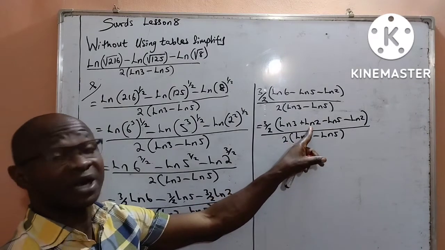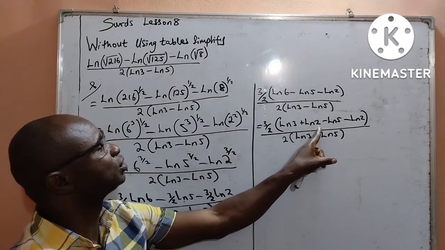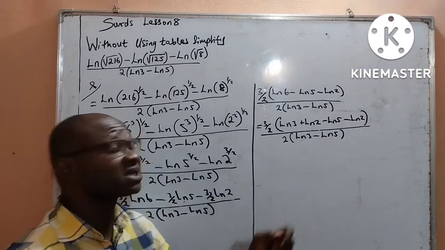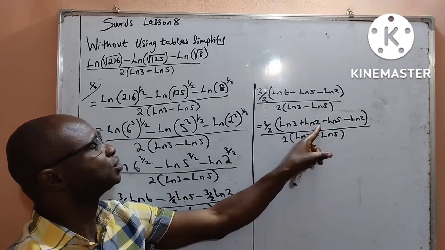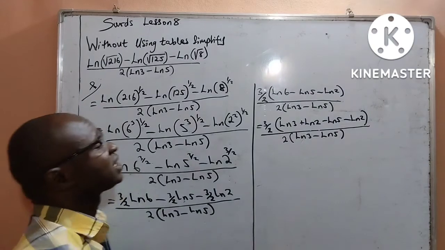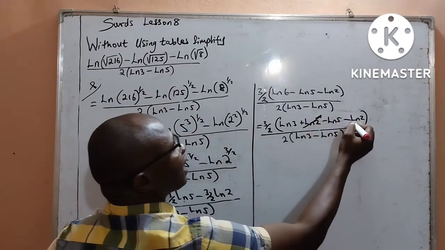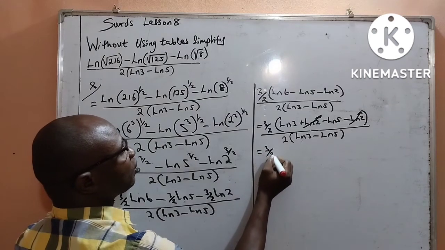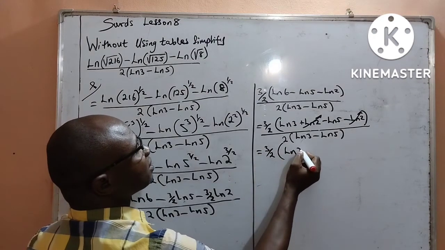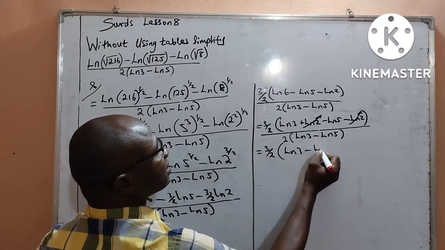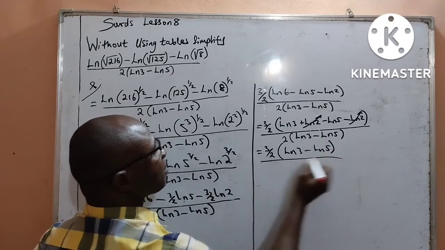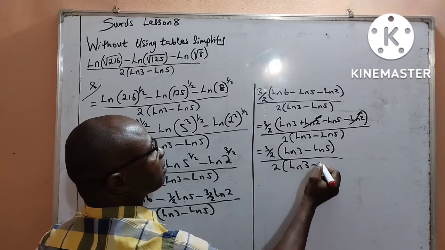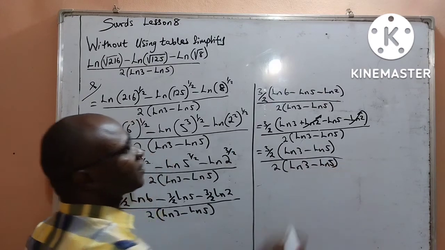See, at the numerator inside the brackets, I have plus ln2 and I have minus ln2. The two of them cancel out. That is ln2 minus ln2 will give me 0. I will be left with 3 over 2 into ln3 minus ln5. And at the denominator, I have 2 into ln3 minus ln5.